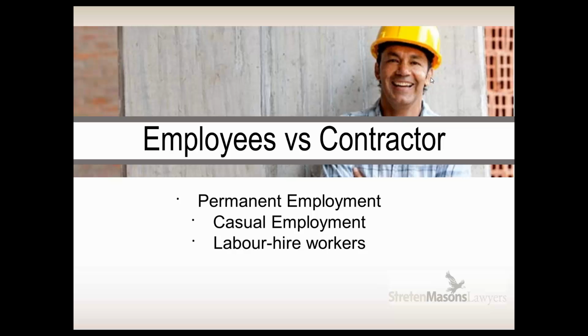The other type of employee, which is becoming very popular at the moment, is labour hire workers. That's where staff are supplied through a recruitment agency. They work for short periods of time or for particular jobs. The obvious benefit of using labour hire companies is that the person working is not an employee.